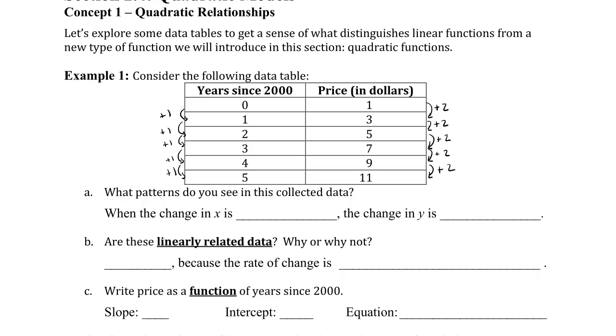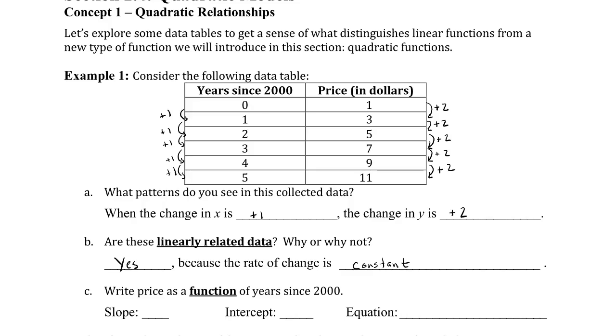Every time we go down a row in the table, the change in x is plus 1, and the change in y is plus 2. And so we know that this is a linear relationship. Yes, these values are linearly related because the rate of change is constant.